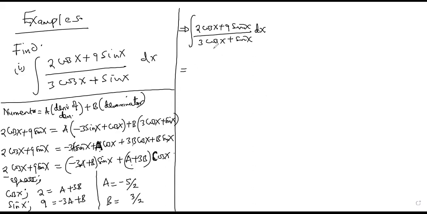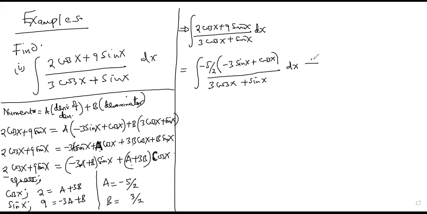So it will be the integral of a, which I've gotten as negative 5/2, of negative 3 sine x plus cos x out of the denominator, which is 3 cos x plus sine x dx, plus integral b.